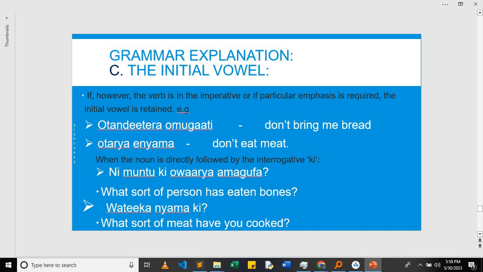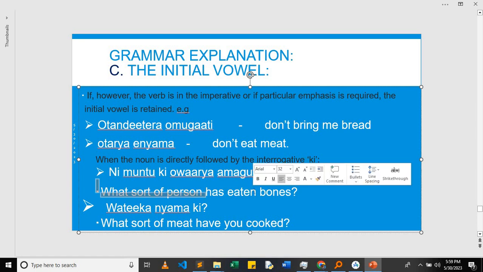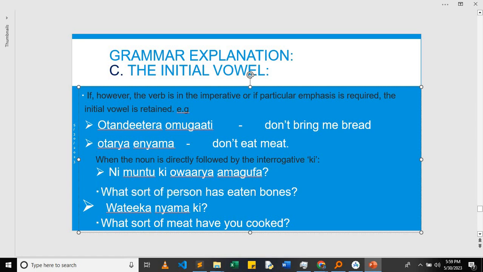So we have when the noun, this ki, we see it is a question. So if I say ni muntu ki owarya amagufa, how do you translate it? Muntu is a person. Ki is what? Owarya is has eaten. Amagufa means bones.